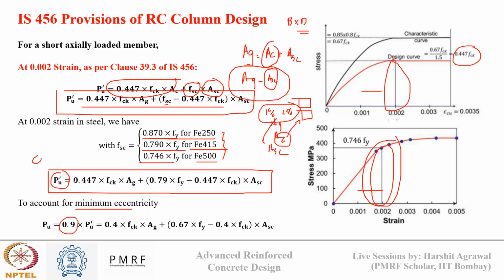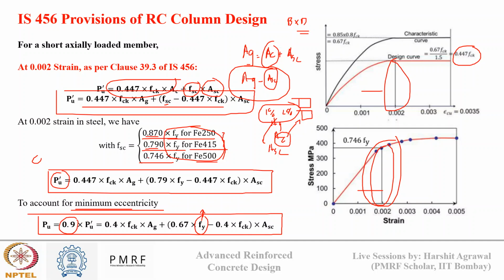Okay, so when we multiply this Pu value by 0.9, code is saying that we don't need to change the formula for different grades of steel, and we don't need to account for minimum eccentricity also, and whatever Pu we get from this final equation, we can assume it is generalized for any grade of steel. Okay, so instead of fsc as a factor of fy varying for different grades of steel, we can just enter the fy of the given grade of steel here. Okay, so that is the simplification that the code has done.